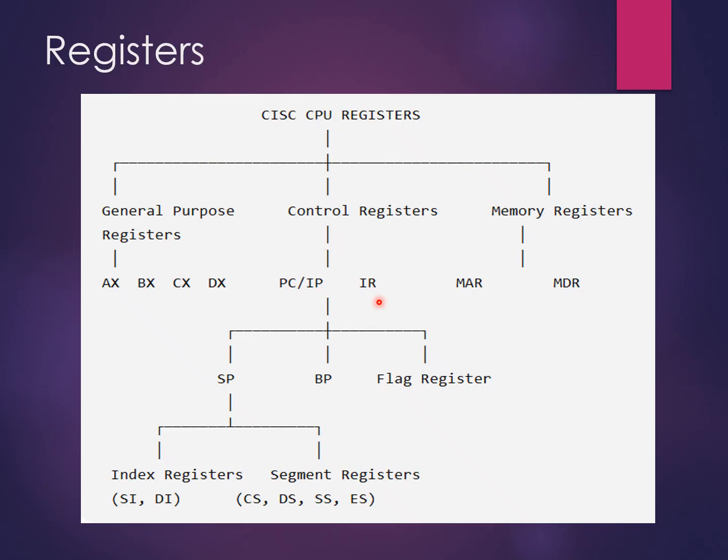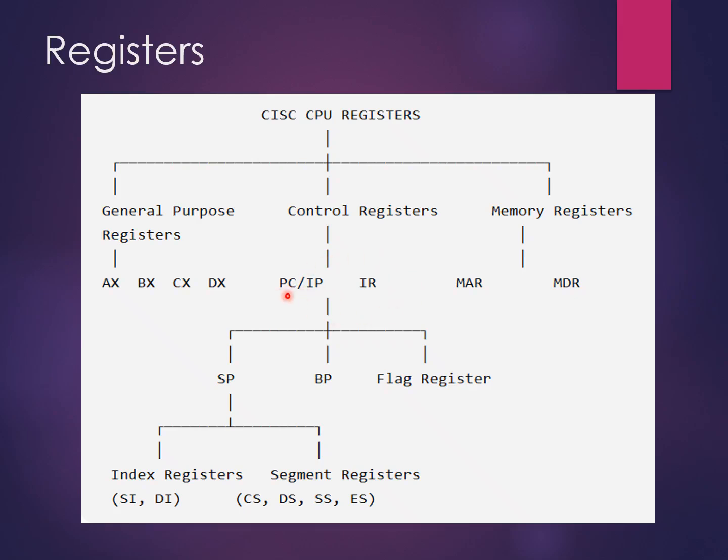Control registers include the IR, the instruction register, which stores the currently executing instruction. The previously used programs are not there; the currently used instruction is stored in the IR.